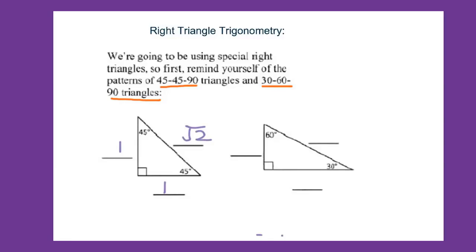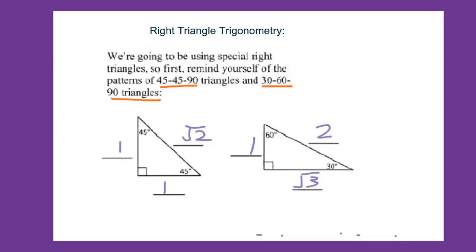For a 30, 60, 90 triangle, the shortest side is labeled as 1. Then for the hypotenuse side, we label as 2. Then for the other leg, we label as the square root of 3.